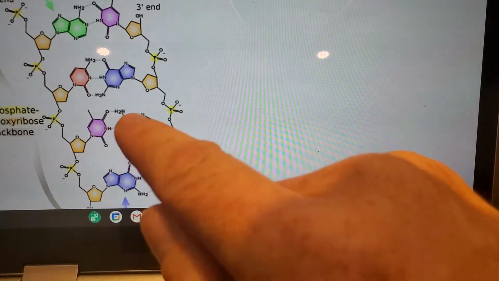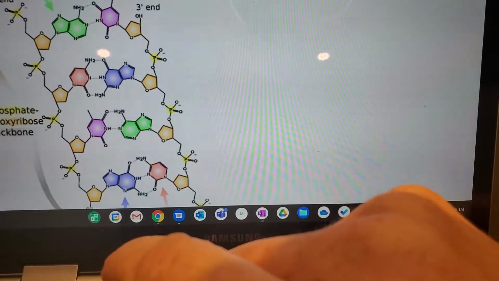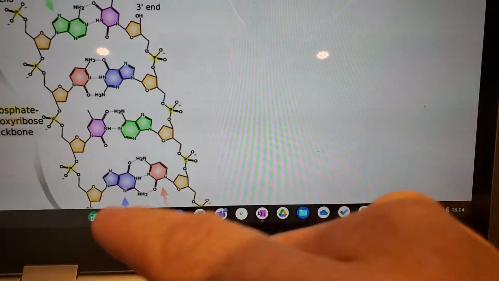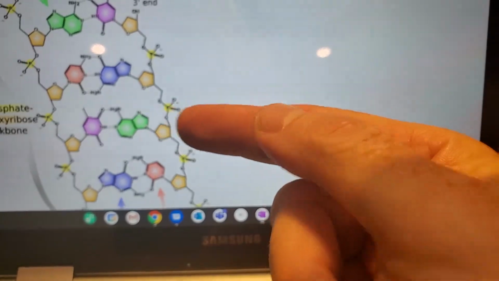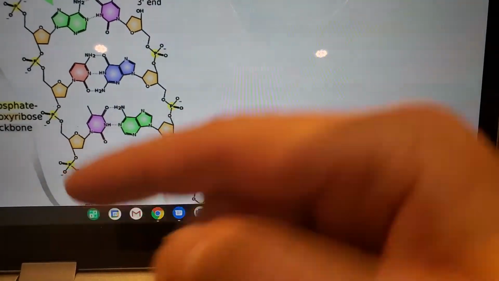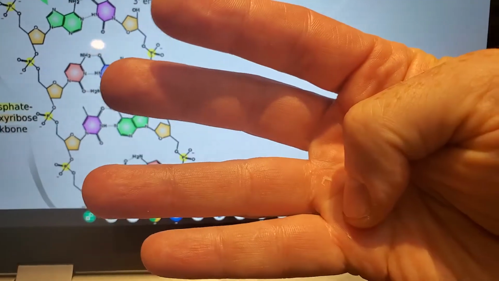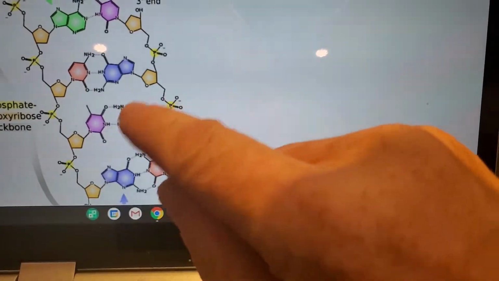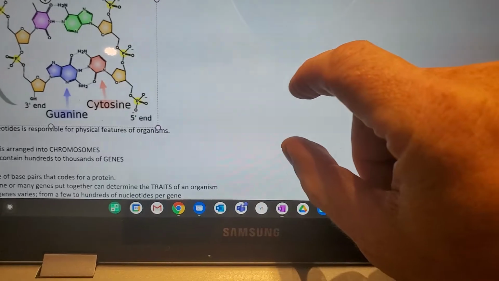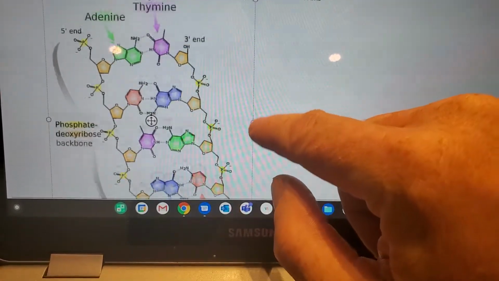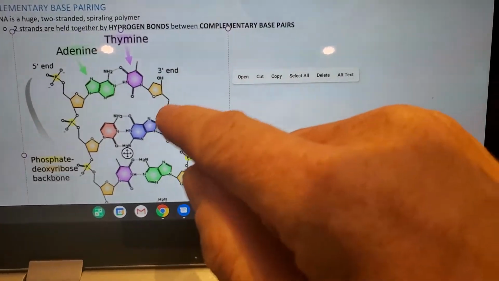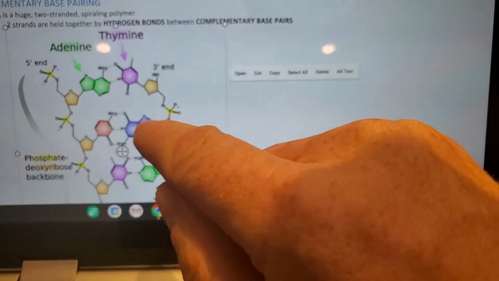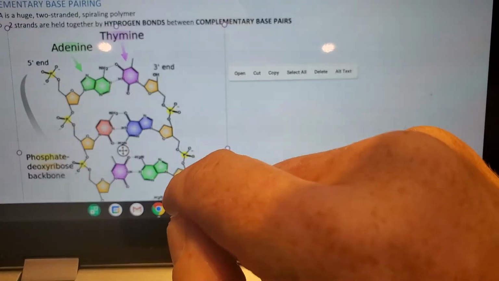The nitrogenous bases complementary pair. What does complementary pairing mean? It just means that one kind of base can only pair to another kind of base. There are 4 different bases, but they come in 2 groups, pyrimidines and purines. Not important, but some of them have 2 rings, some of them have 1 ring.